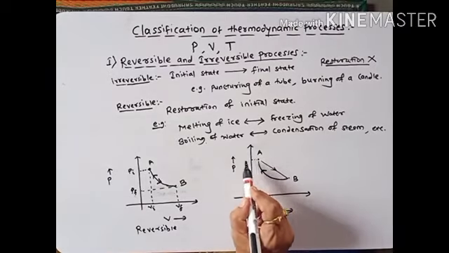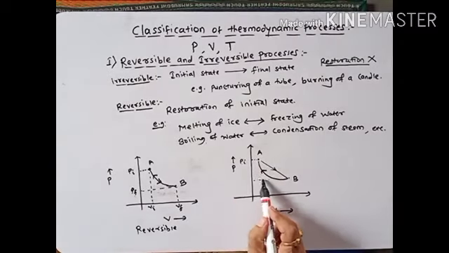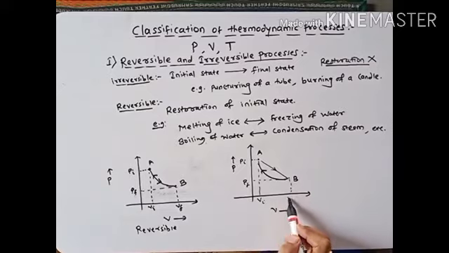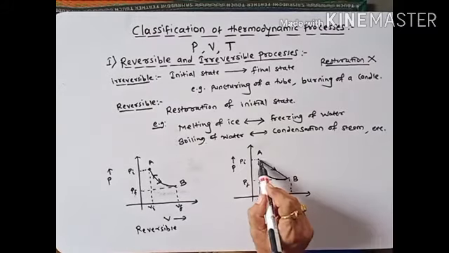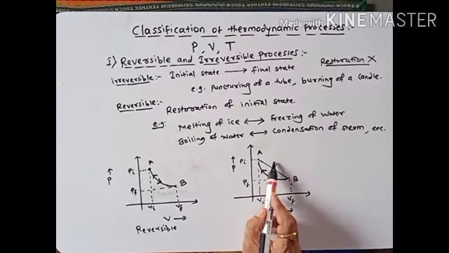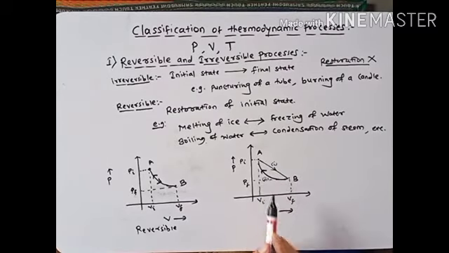That means, suppose this is Pi, this is Pf, this is Vi, and this is Vf. Then when the system state goes from A to B, this is one path. And when it comes from B to A, there is another path. An irreversible process cannot be retraced in the same direction. The path of an irreversible process is not the same.